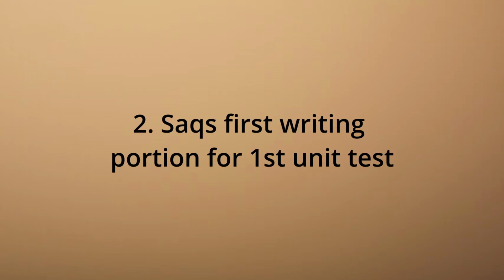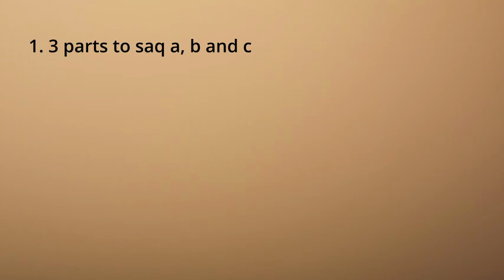Third, SAQs. SAQs are a part of the test, which are basically the first thing you find on your first unit test. They're basically written responses that you have to answer, right? And they have 3 sections, A, B, C. Now, some people might get confused when they see this, like me, if they're just kind of bad at figuring stuff out.